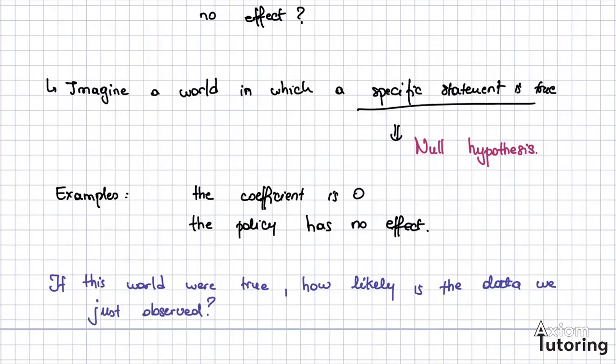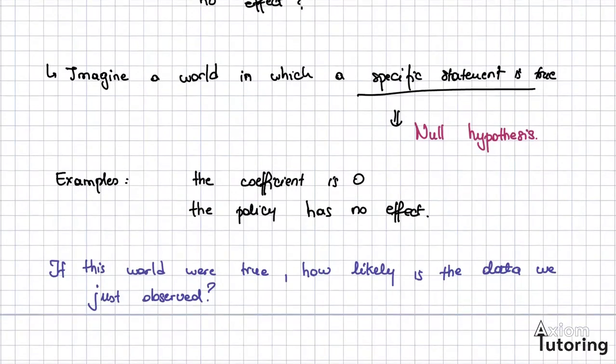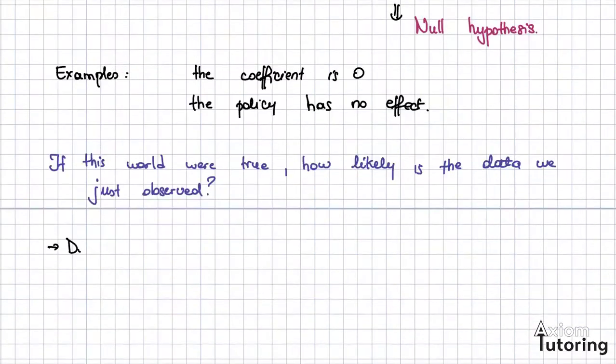Hypothesis testing does not prove, okay? Does not prove if something is true or false. Instead, it asks, is this result too extreme to be explained by randomness alone?